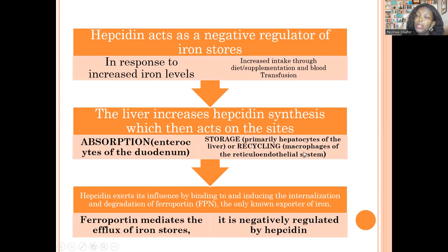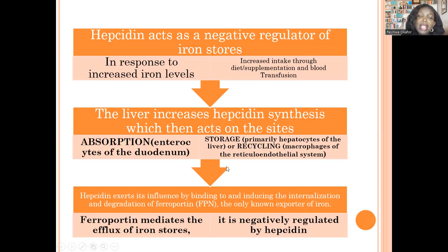Macrophages, which help in destruction of aged red blood cells, contain ferritin and hemosiderin, where the recycled iron is stored, and they have this channel ferroportin too. So the hepcidin can also block the channels in macrophages and stop them from releasing recycled iron into the system.